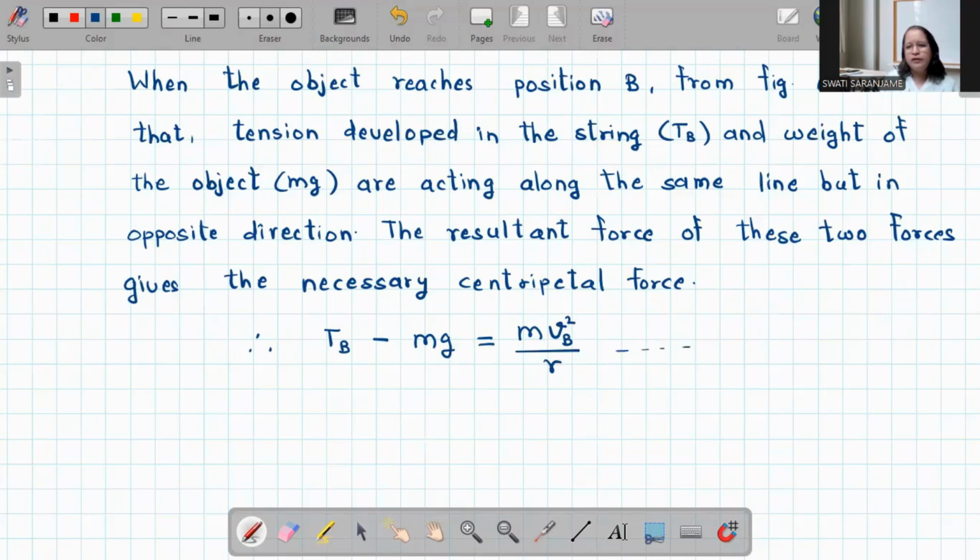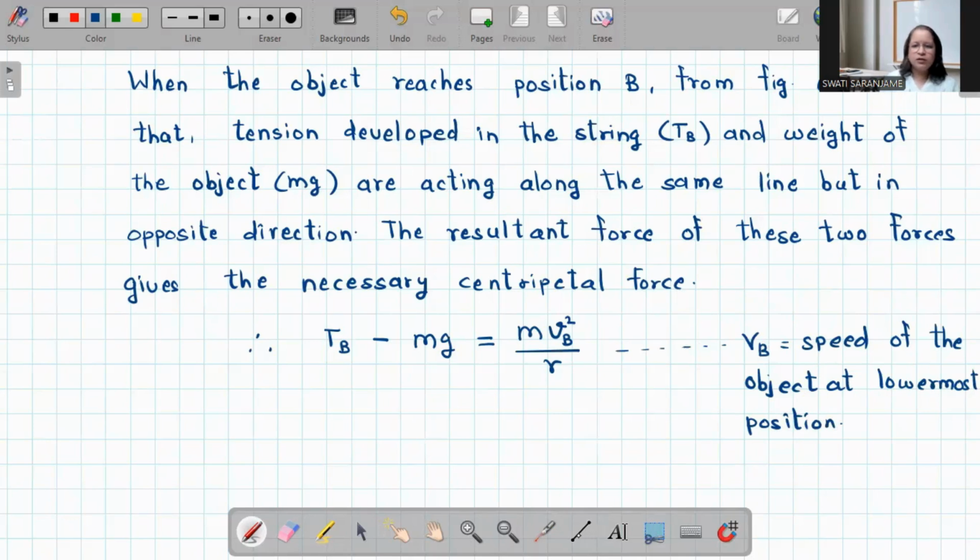Here, what does vB represent? vB is the speed of the object at the lowermost position.